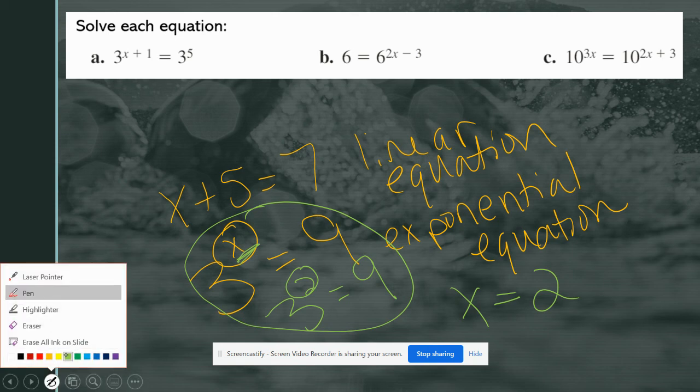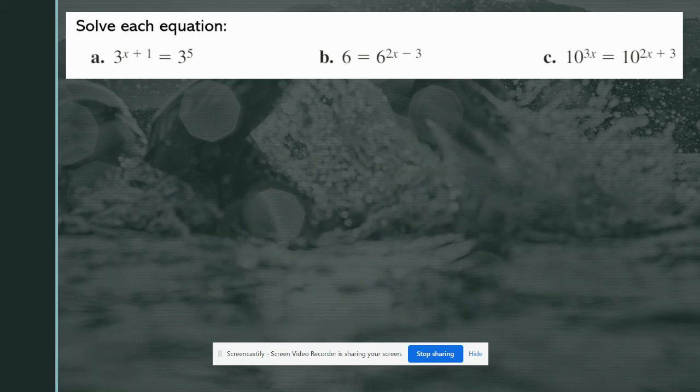Another way that we could look at that is, let's say that we had 4 to the x power is equal to 16. And let's pretend that we don't know that 4 squared is 16. So instead, I would want to find same bases.